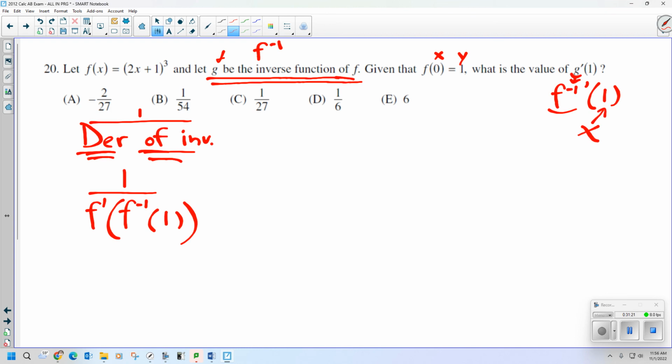The first thing, and do this in steps, please. Take your time, let's find this, because I can find the derivative of f. That's easy. But let's find the inverse of f, and this is what we got here. This is helpful.